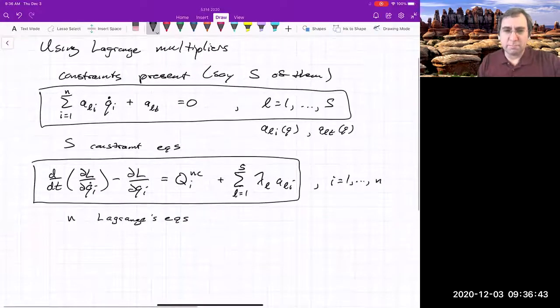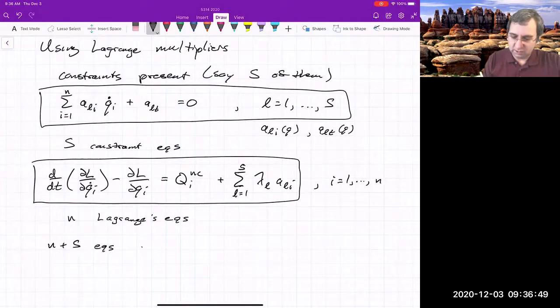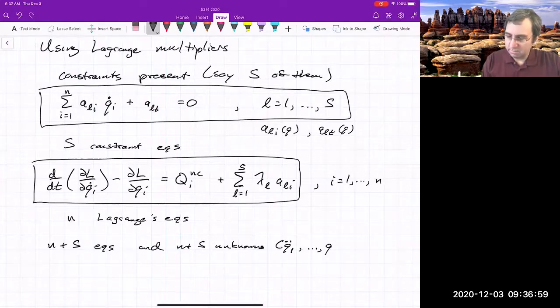And the way that I've told you to think about this is, we've got n plus s equations, and the n plus s unknowns are our q's, the double dots, q1 double dot to qn double dot, and then these s Lagrange multipliers.